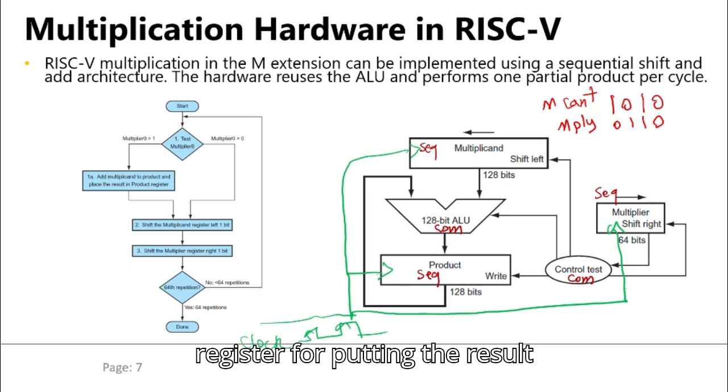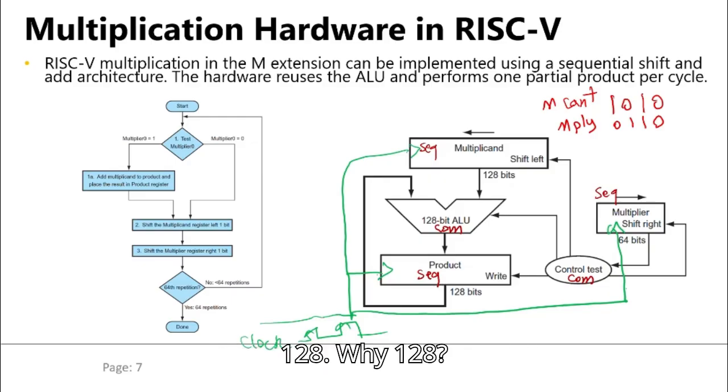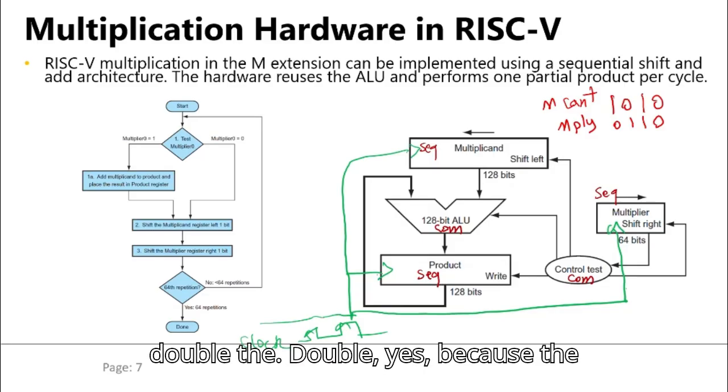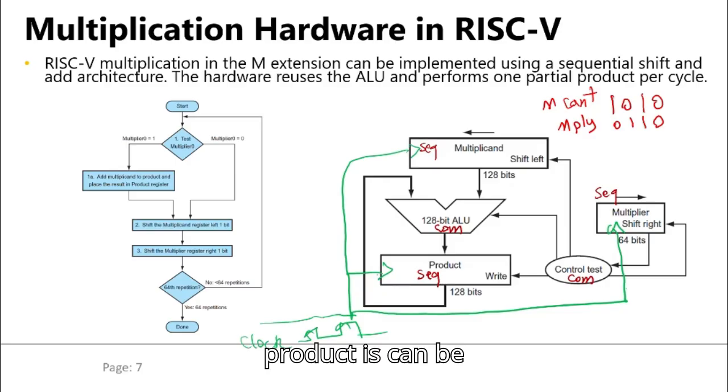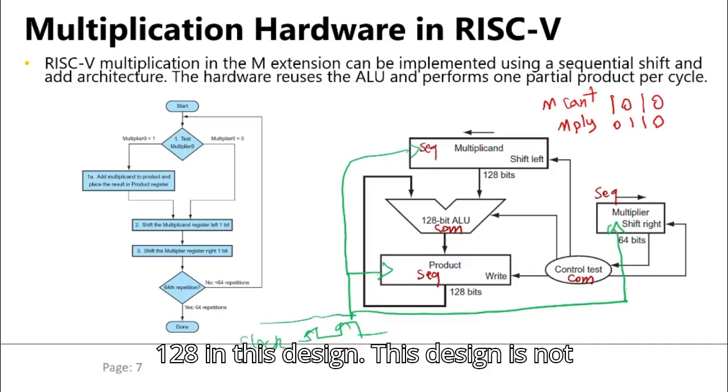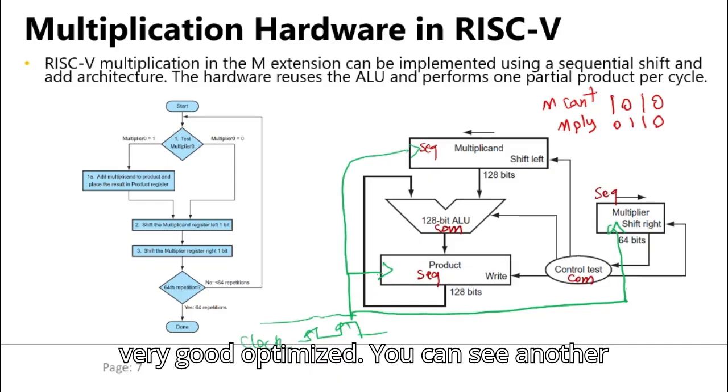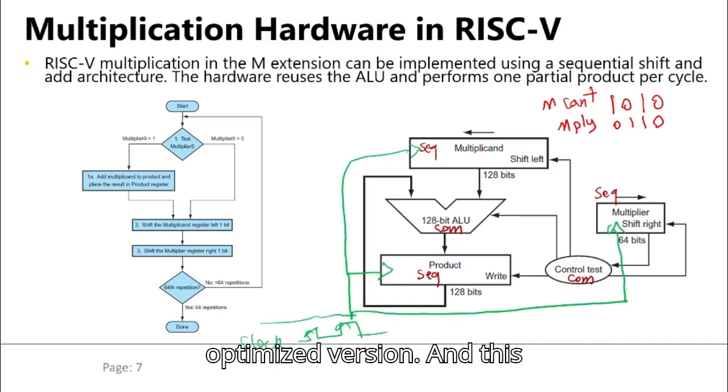Anyway, this clock goes to the register for putting the result, which is 128 bits. Why 128? Double, yes, because the product can be 2n bits, remember? But the multiplicand is also 128 bits in this design. This design is not very well optimized. You can see another optimized version.